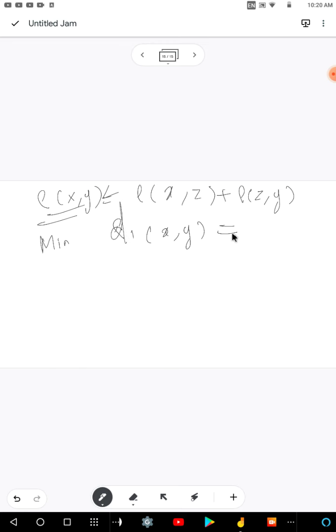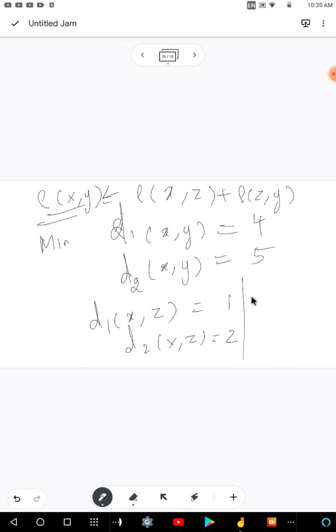Let me choose d1 of x comma y to be 4 and d2 of x comma y to be 5, d1 of x comma z to be 1, d2 of x comma z to be 2, d1 of z comma y to be 2, and d2 of z comma y to be 1.